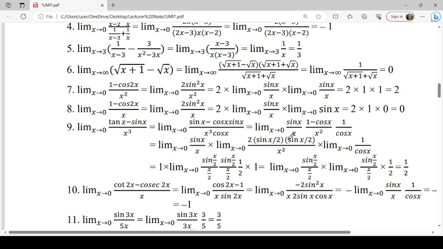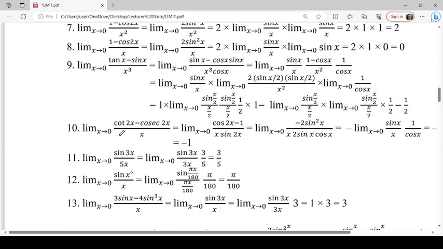So we get sin x by x, and here it is 2 sin square x by 2, so this is 2 into sin x by 2 into sin x by 2, over x square. Ultimately we get this is 1, then sin x by 2 is x by 2. We are making it x by 2 because only then can we write this as 1. So this is 1, this is 1, this is half into this value.